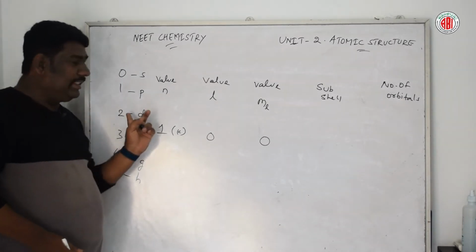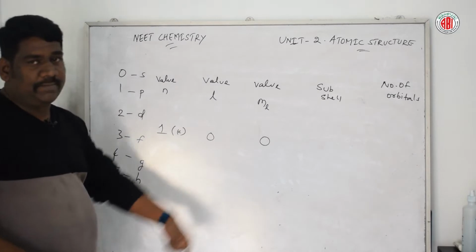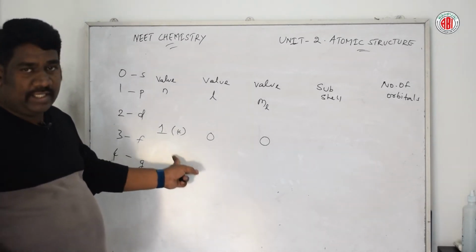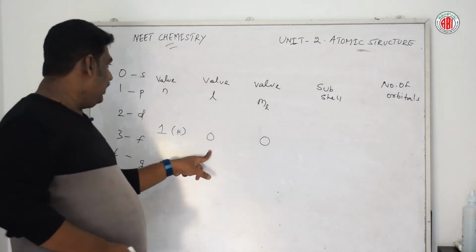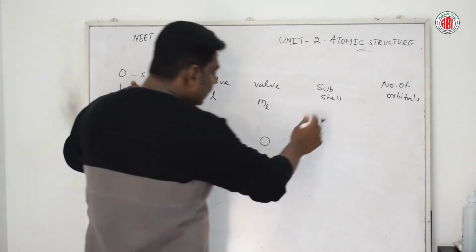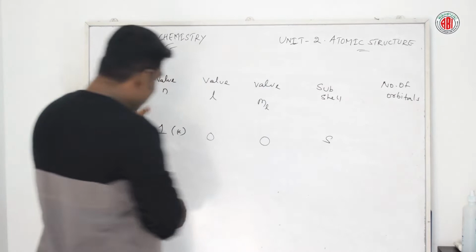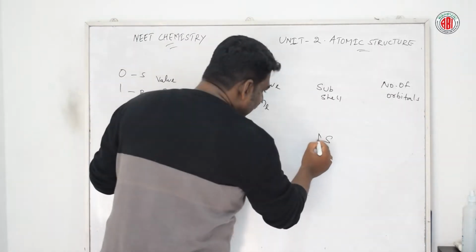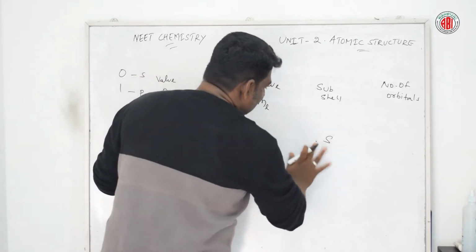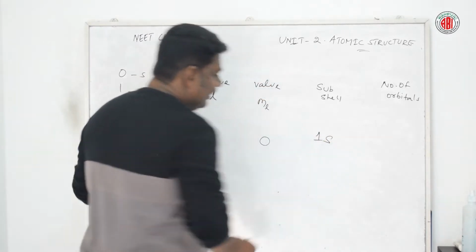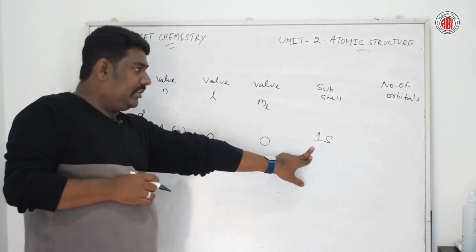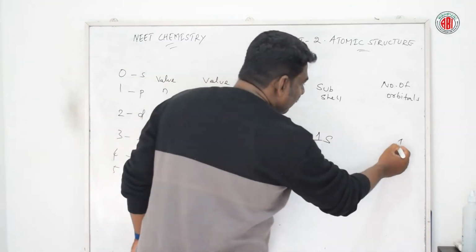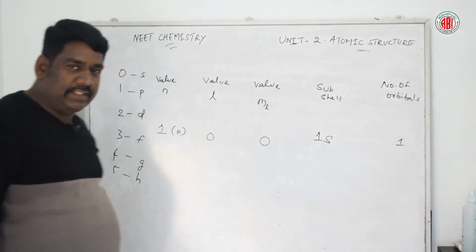Applying this designation to each subshell, the number of subshells is 0 only, so the designation of the subshell is s, and since the principal quantum number is 1, we write 1s. This 1s contains only one orbital.